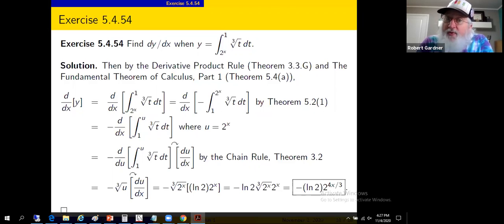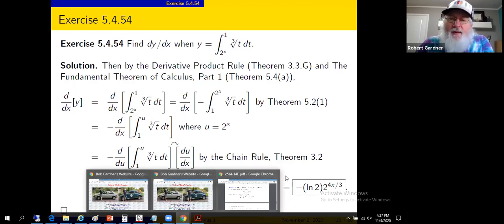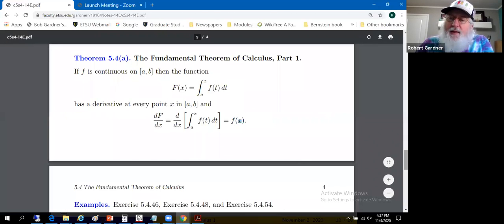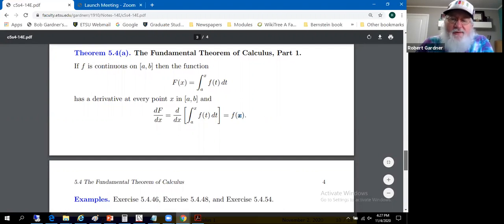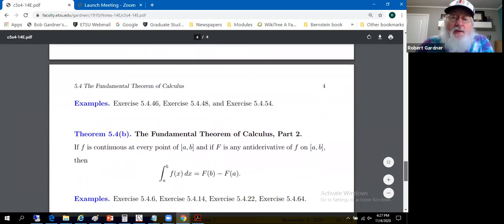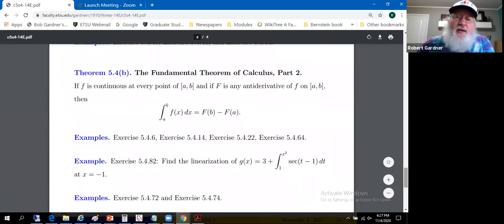So, Fundamental Theorem of Calculus, Part 1, tells you a way to differentiate definite integrals. I don't recall in my career differentiating a whole bunch of definite integrals. Really, the most useful thing is the Fundamental Theorem of Calculus, Part 2.